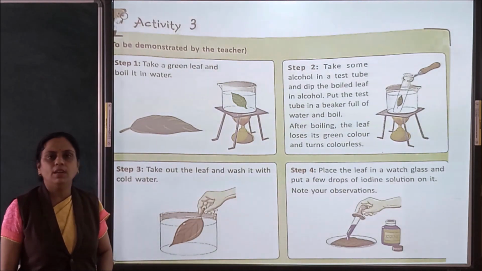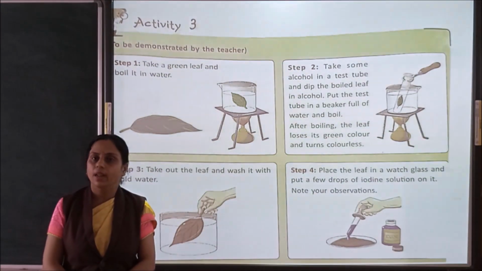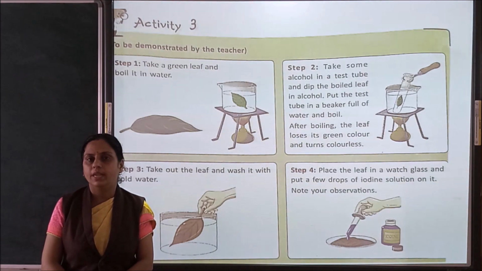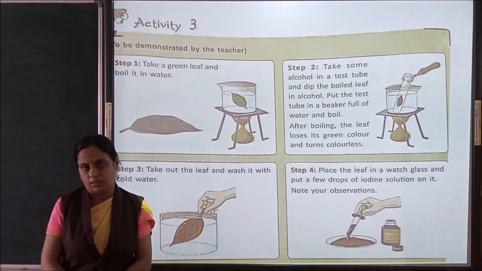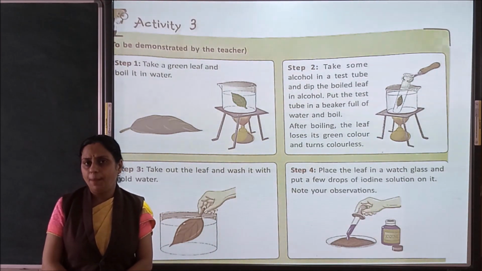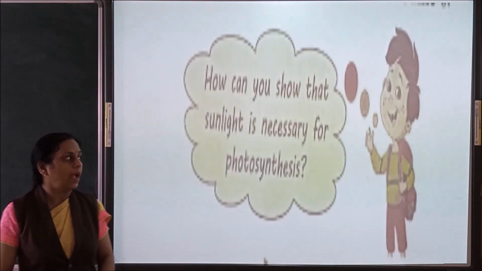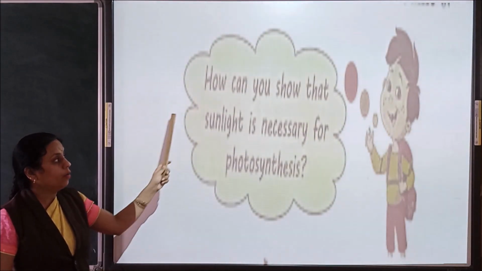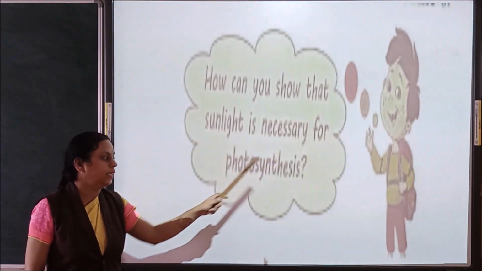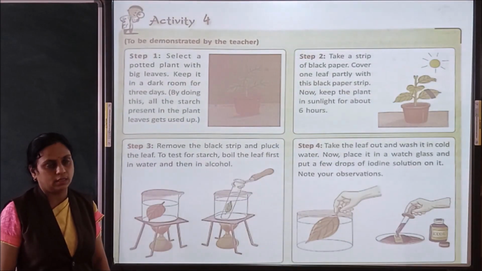Now you have all learned that chlorophyll and sunlight are also necessary for photosynthesis. What will happen if the plant does not get sunlight, or if there is no chlorophyll? I will show you this with an activity. So how can you show that sunlight is necessary for photosynthesis?